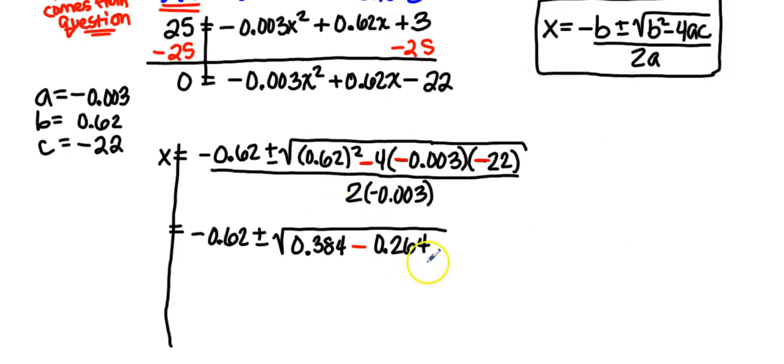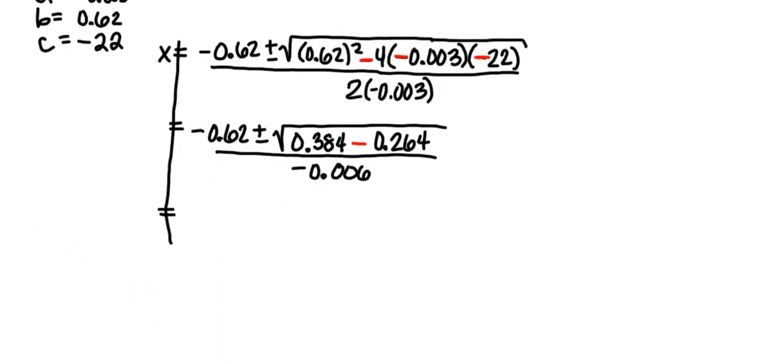This is all divided by 2 times negative 0.003, which gets us negative 0.006. Again, be very careful. If you drop that negative, this will not be negative, and it's going to mess up the rest of our work. So keep track of those negative signs. Next step, negative 0.62 plus or minus.